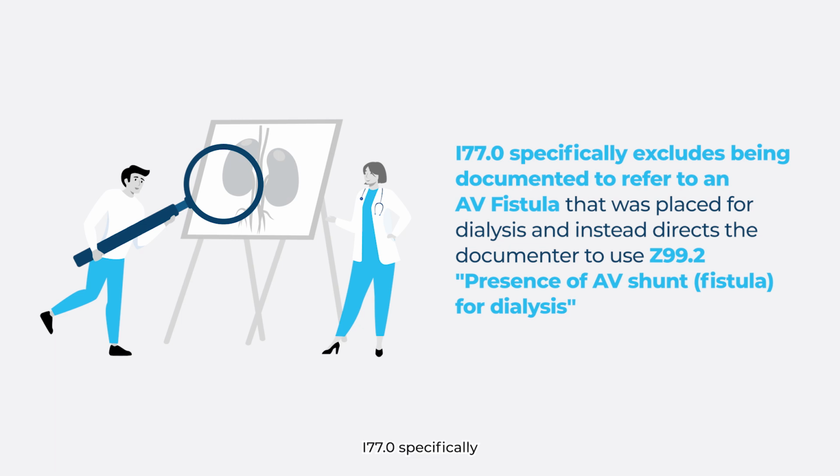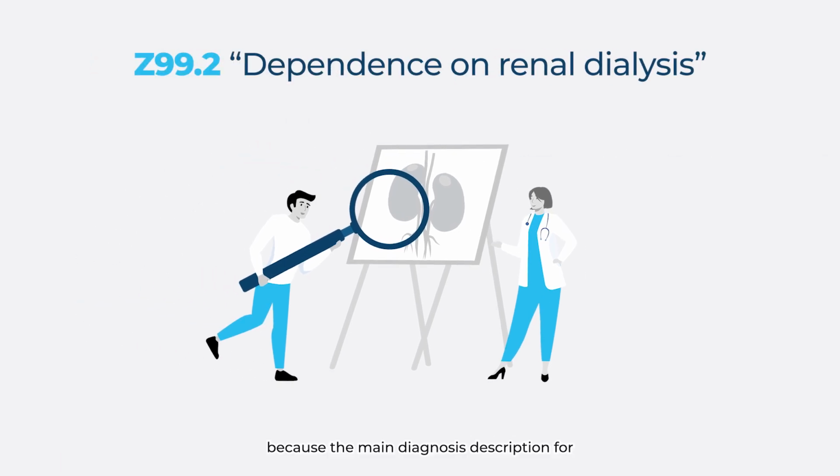I77.0 specifically excludes being documented to refer to an AV fistula that was placed for dialysis, and instead directs the documenter to use Z99.2, presence of AV shunt fistula for dialysis, which can further confuse whoever is documenting, because the main diagnosis description for Z99.2 is dependence on renal dialysis.